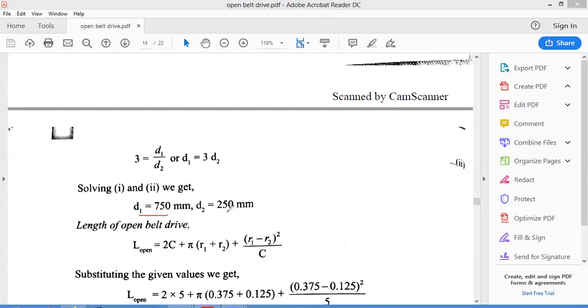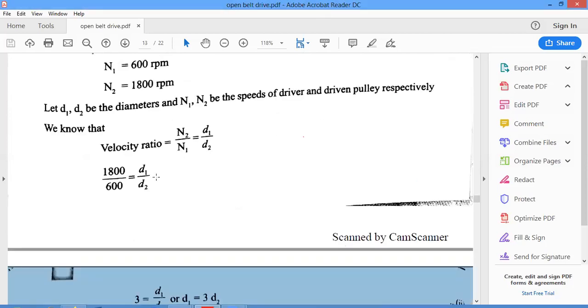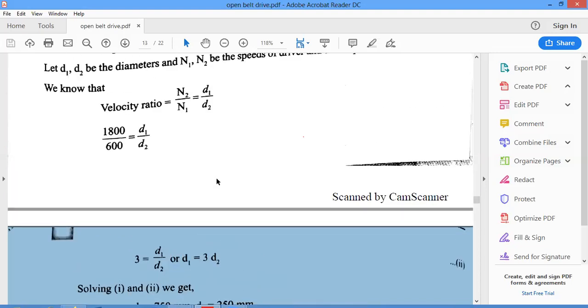Which is going to be solving equations 1 and 2 here. You have to go step by step. If you substitute here, d1 is equal to 3 times d2.